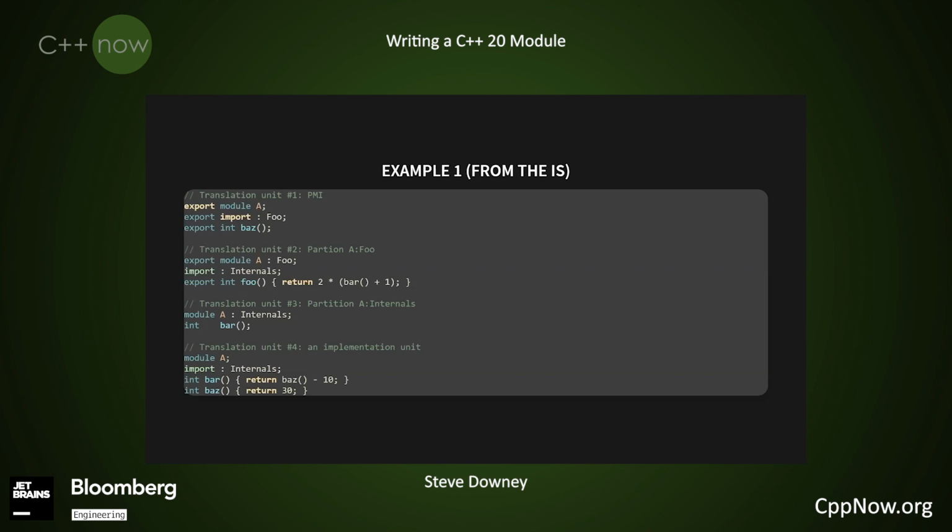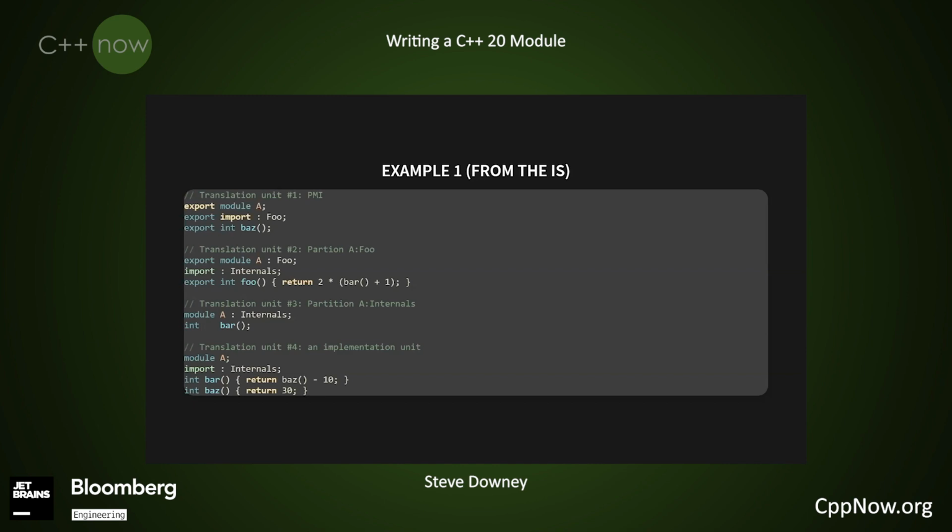So we have a module A:internals, which exports the declaration of bar. And then we have a translation unit, which is an implementation unit, which is module A. It imports the internals interface and provides definitions for bar and baz.